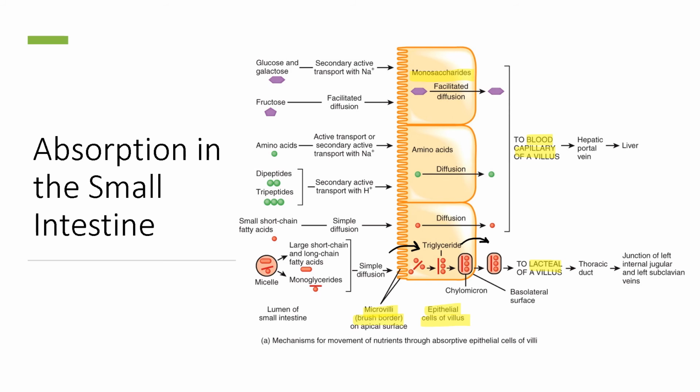Now, monosaccharides will pass from the lumen through the apical membrane by facilitated diffusion or by secondary active transport. And then from within the cells, all of these monosaccharides will cross into a blood capillary by facilitated diffusion.